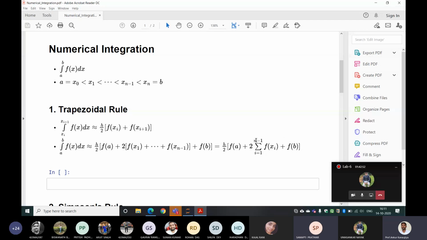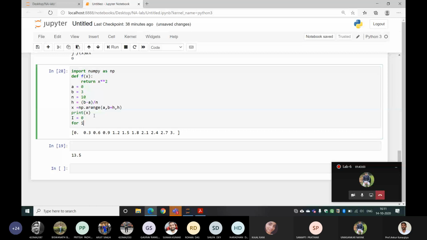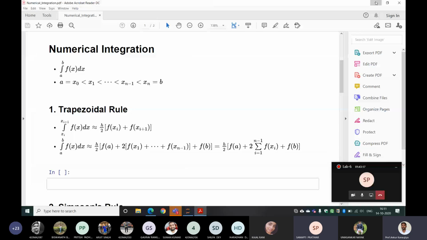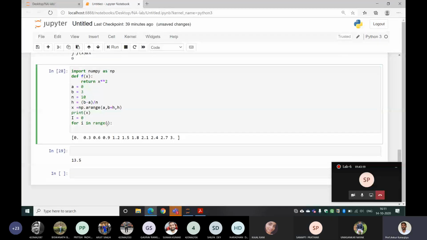Okay, then first I will add this: i from 1 to n minus 1, 2 times f of xi will be added. So for i in range, tell me the range. 1 to n. Here it is 1 to n minus 1, so we'll go 1 to n only. It will automatically stop at 1 less. 1 to n, increment with 1.